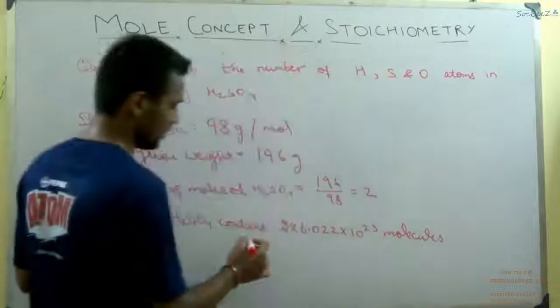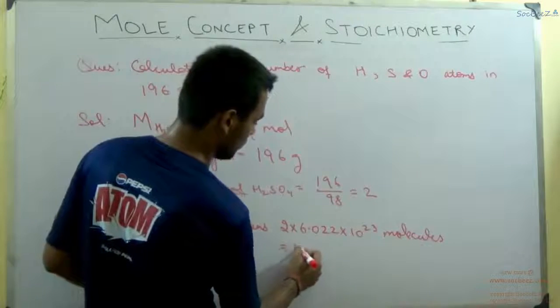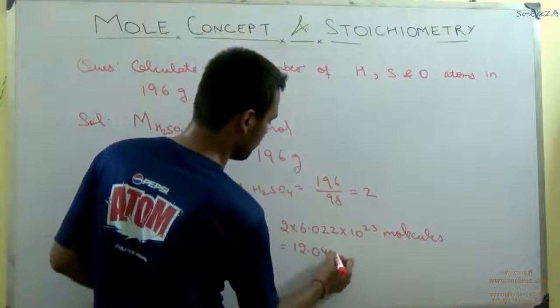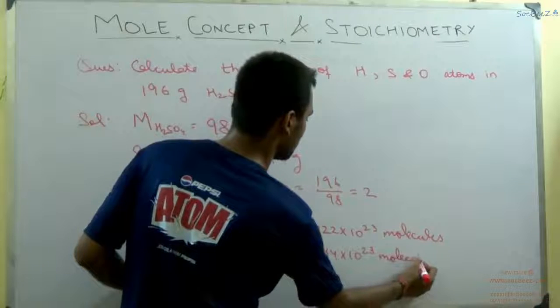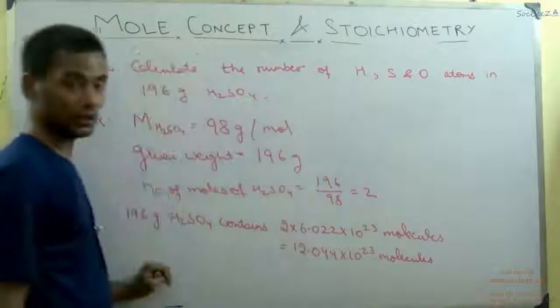There are exactly 12.044 into 10 raised to the power 23 molecules in 196 gram of H2SO4.